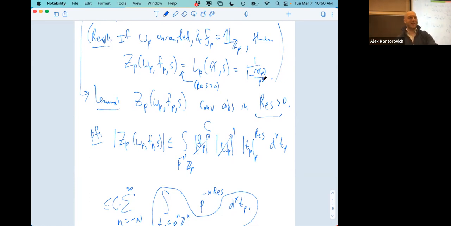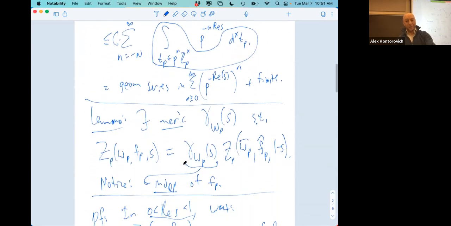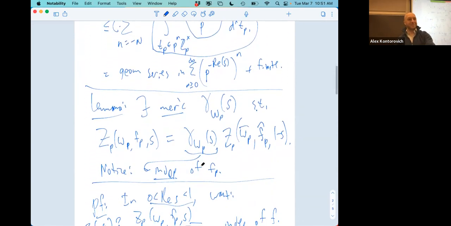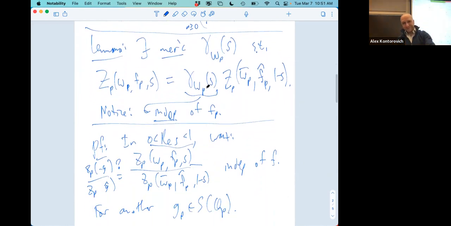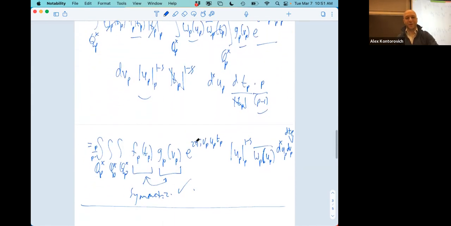So at those values of S and their shifts by 2 pi i, this thing is going to have problems if it is to be analytically continued. By the way, now we have an analytic continuation. Well, let's work this out in one easy case, and then we'll have analytic continuation, or at least meromorphic continuation.